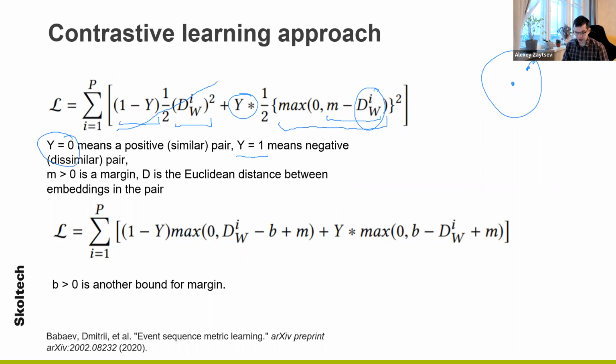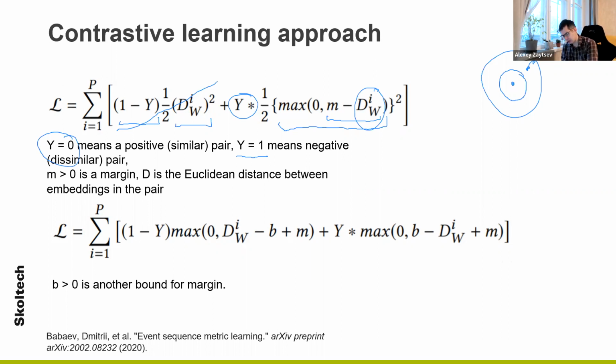Okay, to make it work better, the authors, Dmitry Babayev and his colleagues from Sber, tried a slightly different approach and considered a slightly different distance here. In particular, they introduced another bound for the margin, so they don't penalize for this area. So they don't care if the distance is too small or not too small.